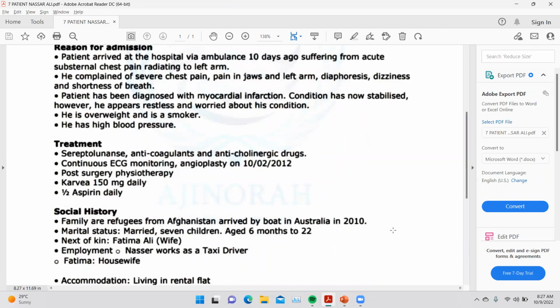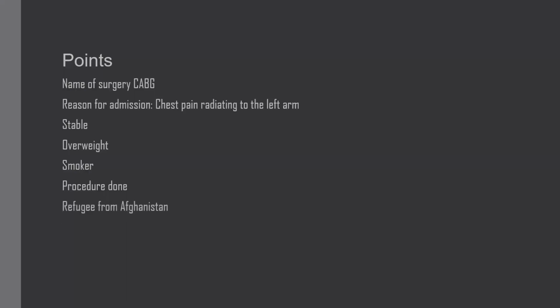In the social history, the first thing is family: a refugee from Afghanistan who arrived by boat in Australia in 2010. We are not interested in how he reached Australia and when he reached Australia. The only thing we want to know is that he is a refugee from Afghanistan. So we are including that point.